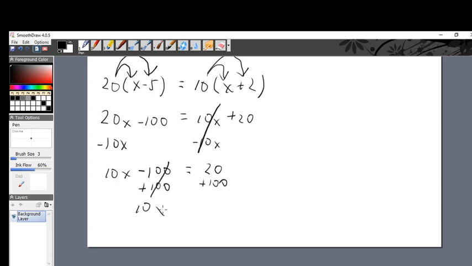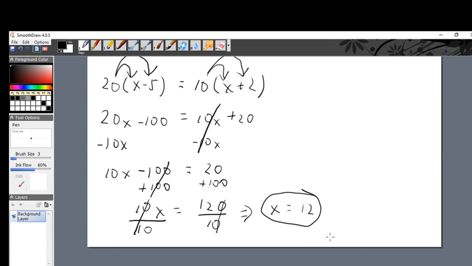We've got 10x is equal to 120, since 20 and 100 is 120. Divide by 10 on the left, divide by 10 on the right. We get x is equal to 12. And we have problem number 6 done.